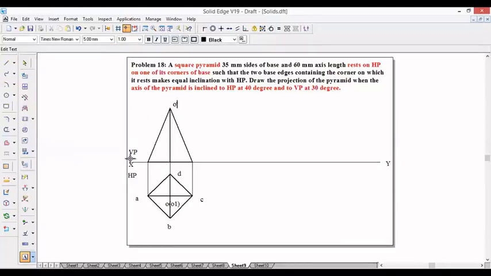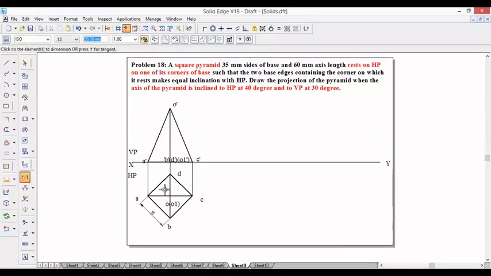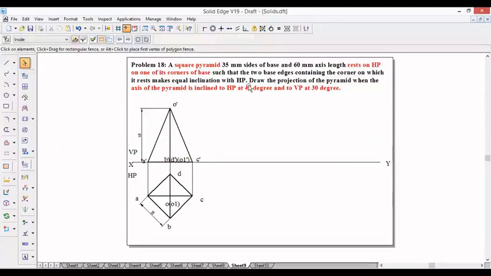So this is O dash, then A dash, B dash in brackets, D dash. Also here itself comes O1 dash. Then C dash. We do the dimensioning, 35 mm sides and 60 mm axis length.